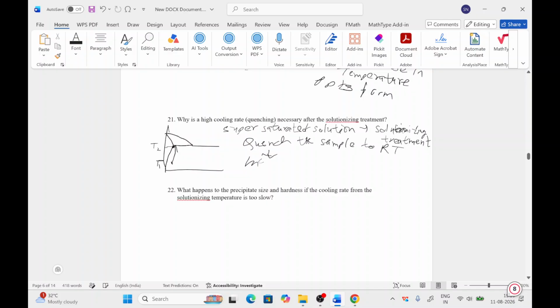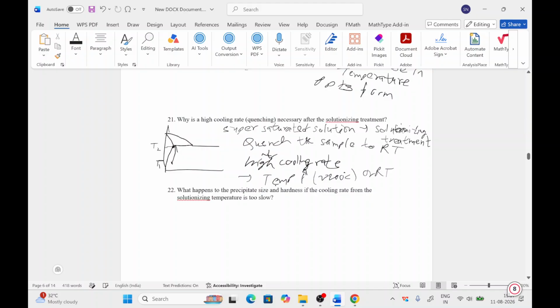With a high cooling rate, there will be no segregation of the solute atoms from the aluminum matrix, so the higher solubility is maintained at low temperature. After the quenching, we apply some temperature or keep the sample at room temperature only. The temperature can be increased up to 200 degrees Celsius, or room temperature.